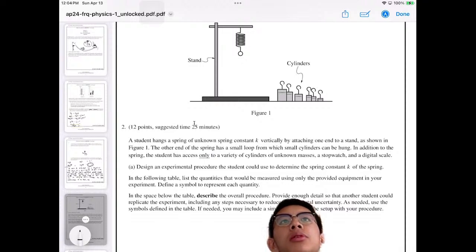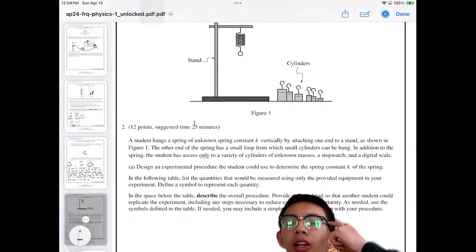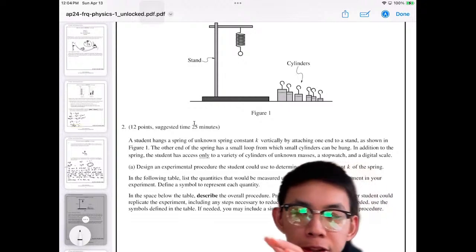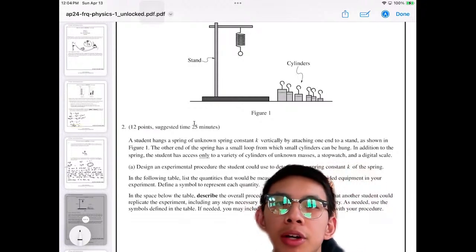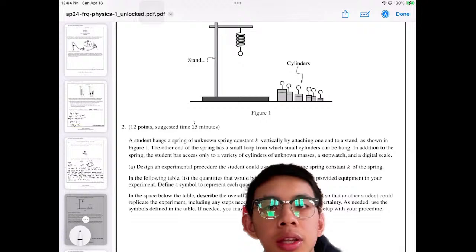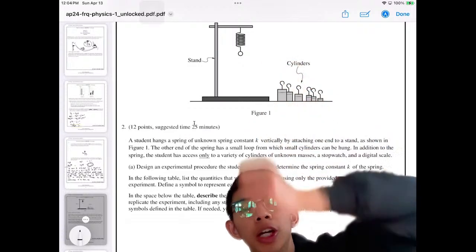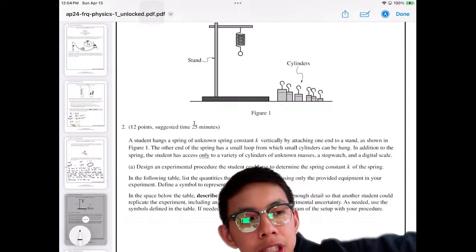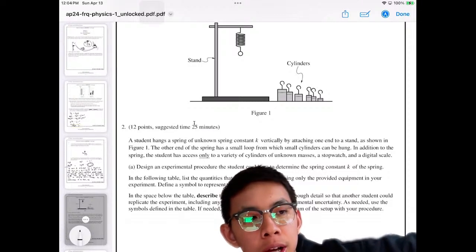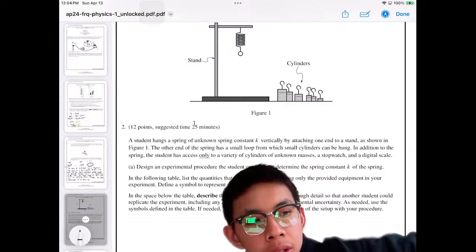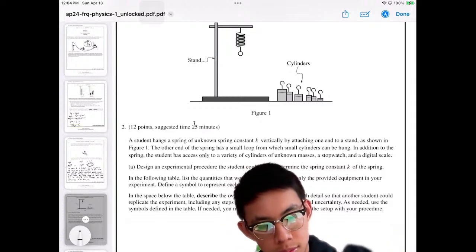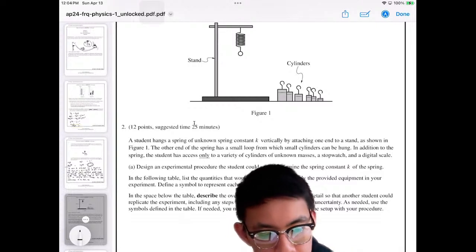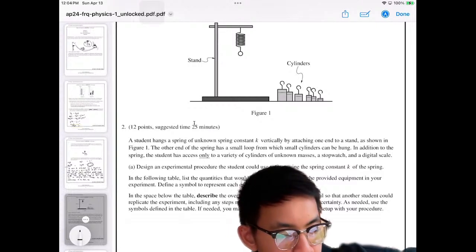When I first thought of this, I said maybe I can measure the height at which the spring is stretched, because I'm thinking of spring potential energy, 1/2 kx squared, or something like that. But no, that won't work because there's no way that I can put mass in there.